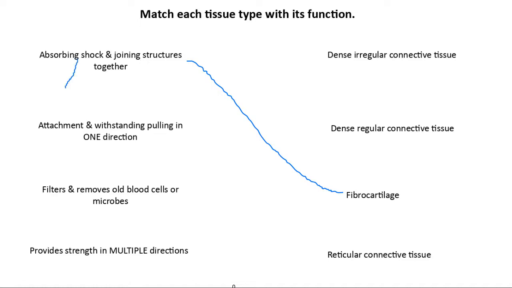When we talk about absorbing shock, absorbing really hard movements, this is the job of fibrocartilage in what we call the intervertebral discs. That's the cartilage tissue between the bones of your spine. We've got cartilage there so that when you jump up and down, it doesn't crush your bones. That's the job of fibrocartilage.